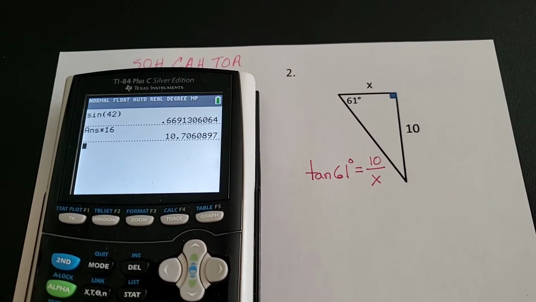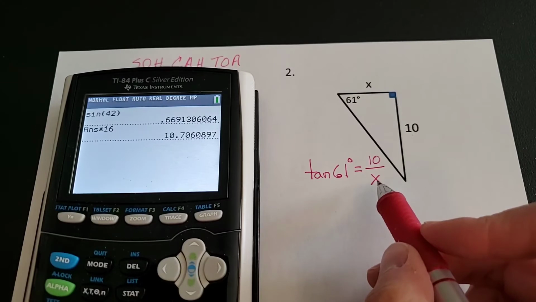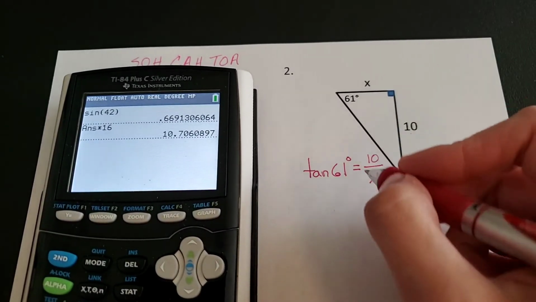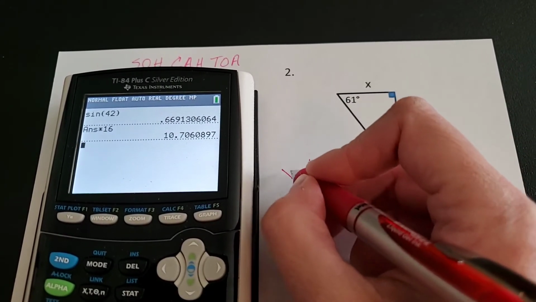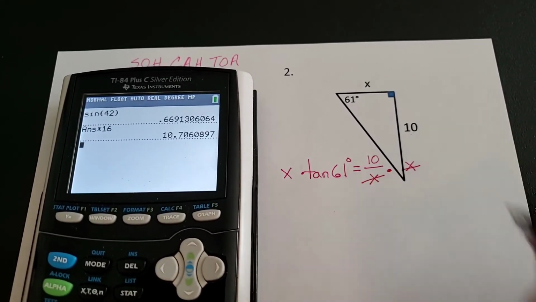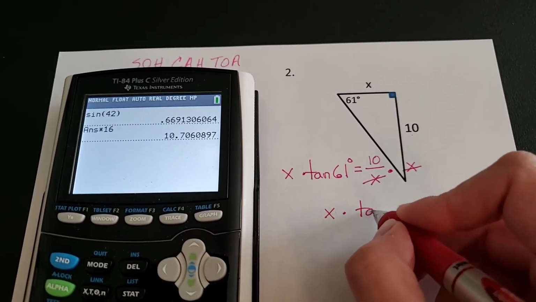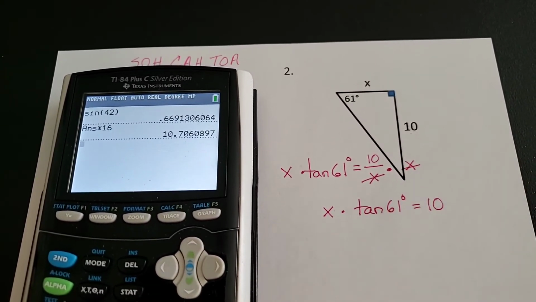Now I need to solve for x. It's a little tricky when you've got x in the denominator. So I really just want to multiply both sides by x first to get x out of the denominator. And then I have x times the tangent of 61 degrees equals 10.